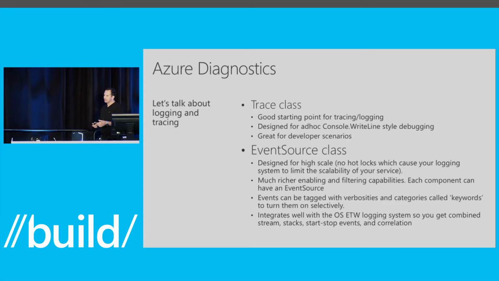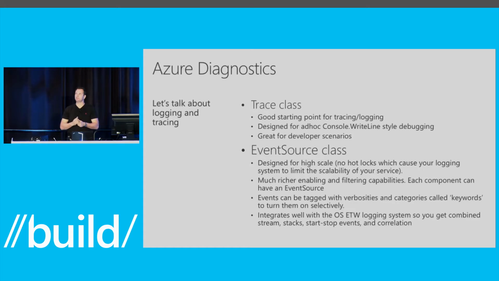It's designed for high scale, but more importantly, all the operating system components on a Windows system are using it. Now think about it: you run multiple processes and multiple services on your virtual machine or your instance. You just want to have one source where you get your trace statements from, because eventually you could even correlate those events. And this is what ETW event source gives you as an offering.